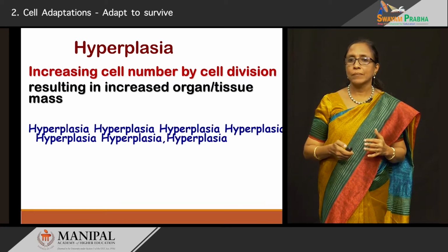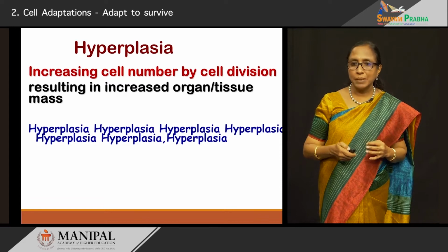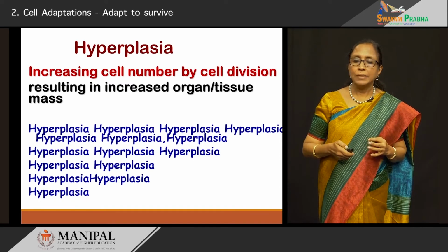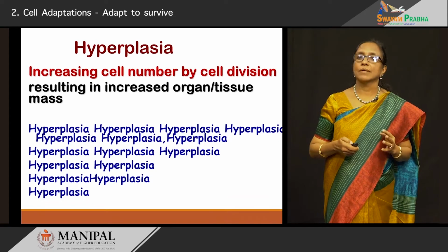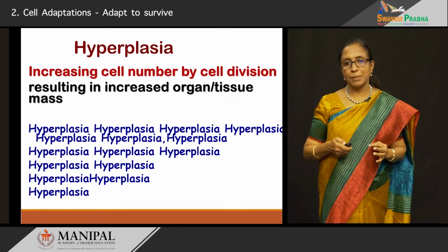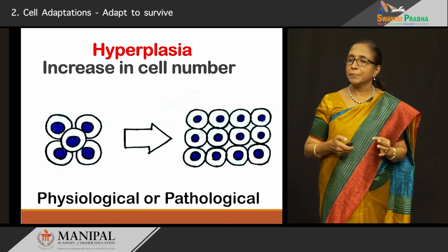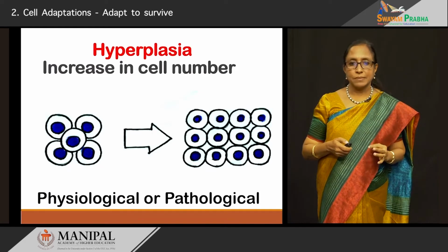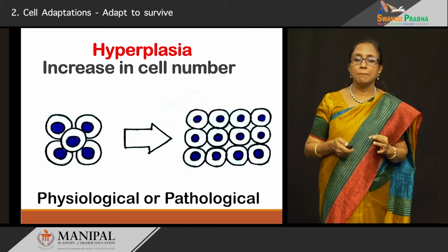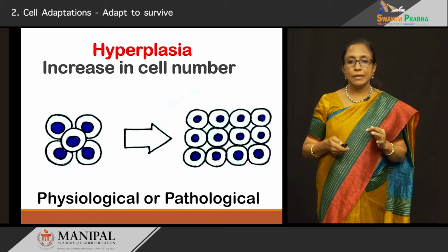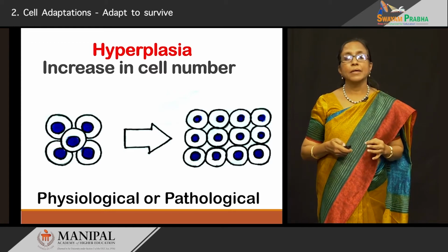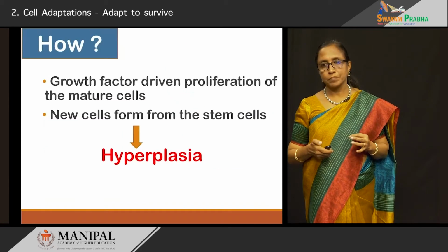To put it simply, the cells go on increasing in number and we get the organ that is increased. Again, to depict it in a diagram, the size remains the same, but the number of cells increases. Again, it can be seen in physiological conditions and pathological conditions.